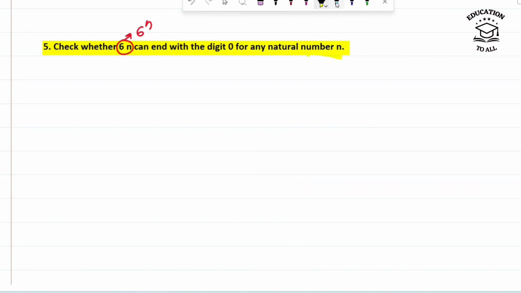Next question: check whether 6 power n can end with digit 0 for any natural number n. This question can be done by cross checking the prime factors of 6, and we can justify the answer. If I take 10, 10 power 1 ends with 0, and 10 square, which is 100, ends with 0. 10 cube is also 1000, ends with 0 only, so it always ends with 0.